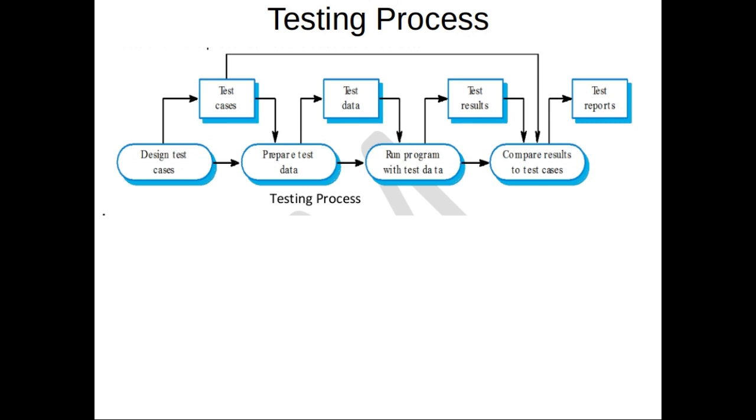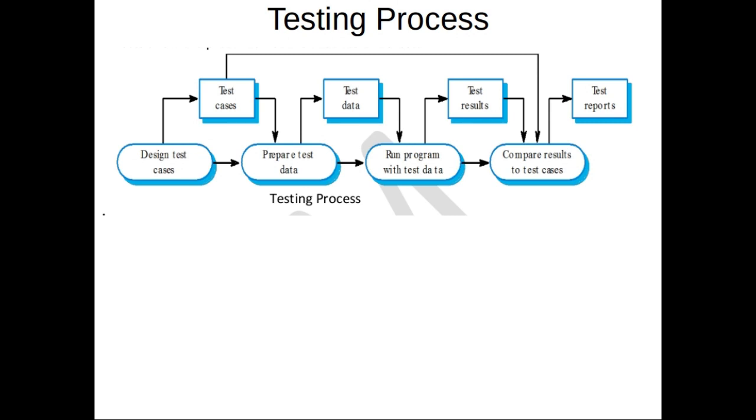To perform the design of test cases, the first step is identifying the test environment. Identify the physical test environment and the production environment, which includes the hardware, software, and network configurations.